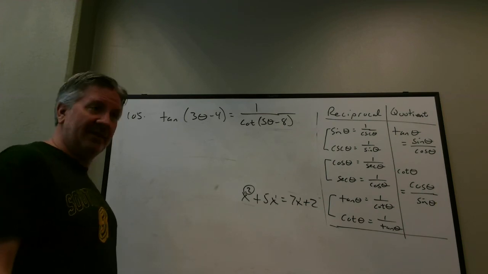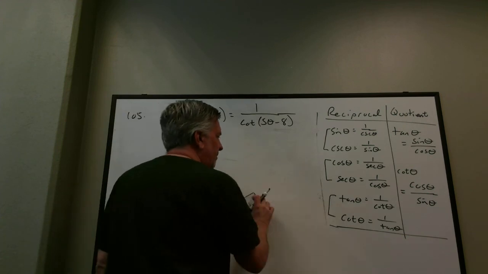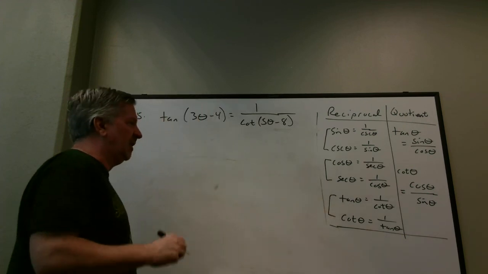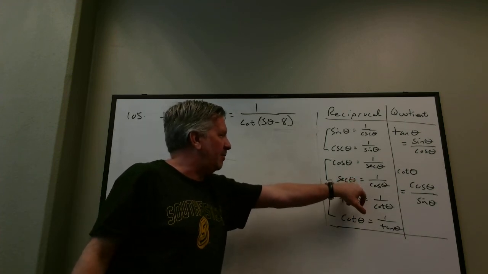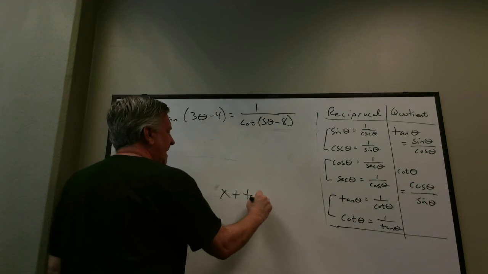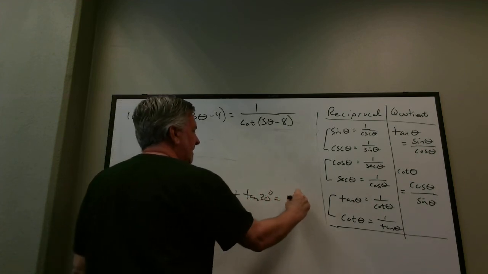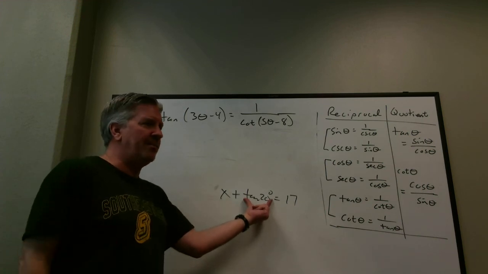You had different methods for that, not the same procedure as with linear equations. So what makes something a trig equation? Well, you have a trig function in it, and the variable is part of the angle. So if I had x plus tan of 20 degrees is 17, this is not a trig equation. Tan of 20 degrees is a number.